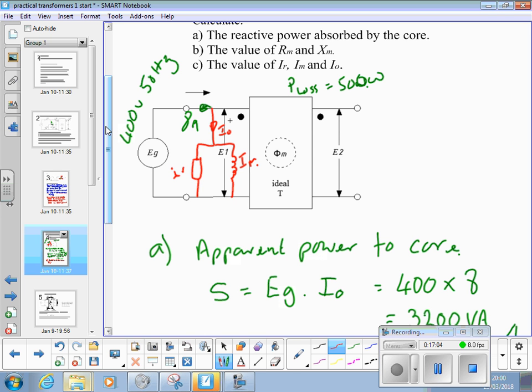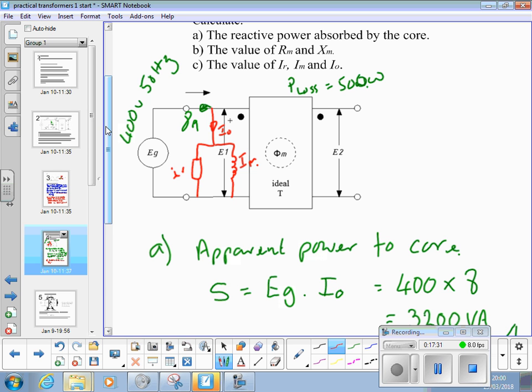We can't find it because we don't know the value of these two components. So we can't use current and voltage to find it. We know the power's associated with that, isn't it? Yeah, that's power. We know power, and we know E.